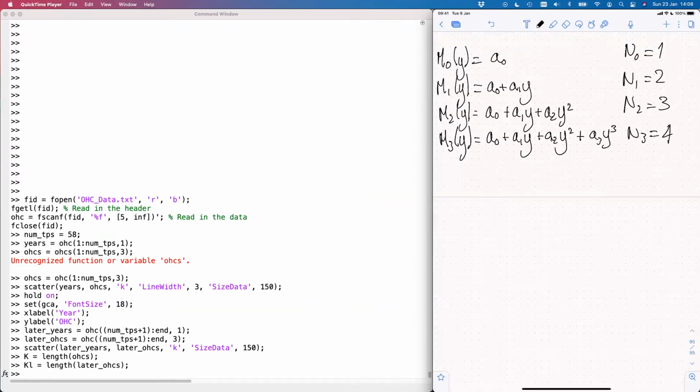Okay, each of these models, of course, is linear in the unknown parameters, the a's here. So we can use linear least squares estimation to estimate those different parameters.